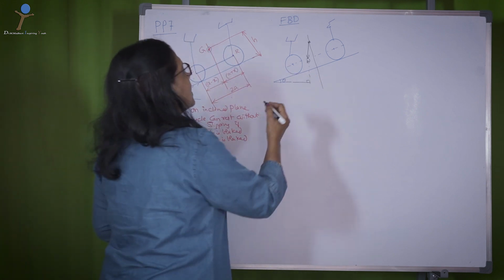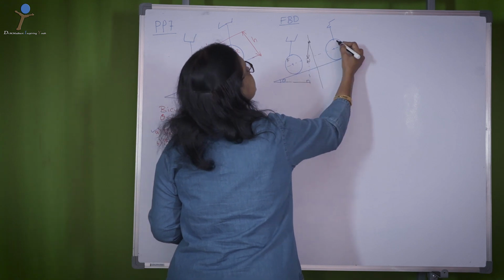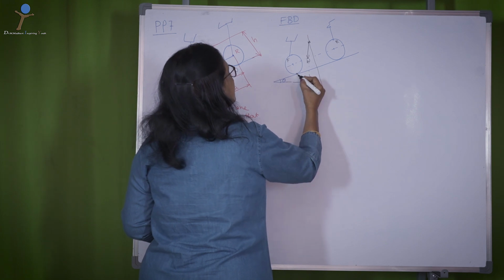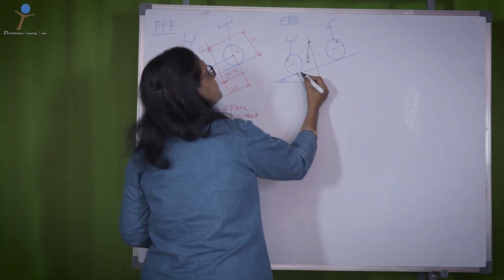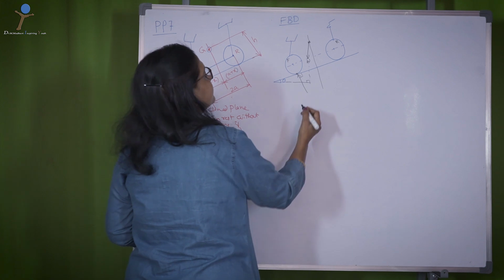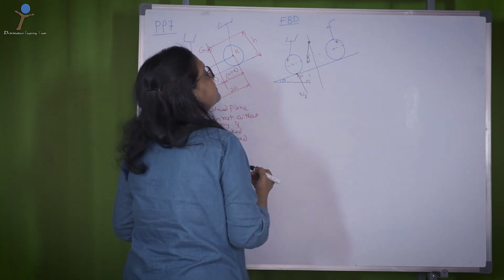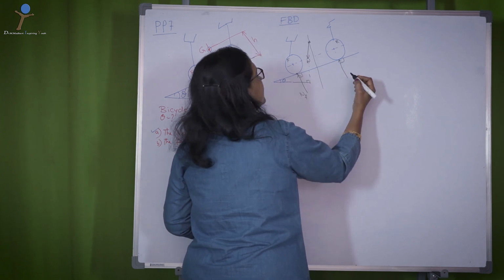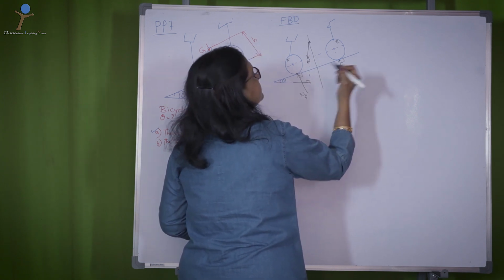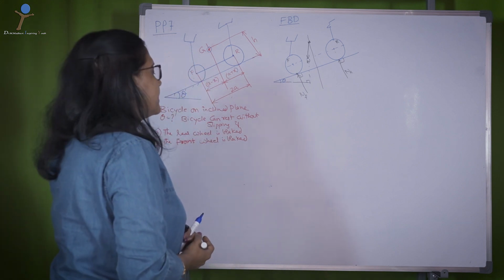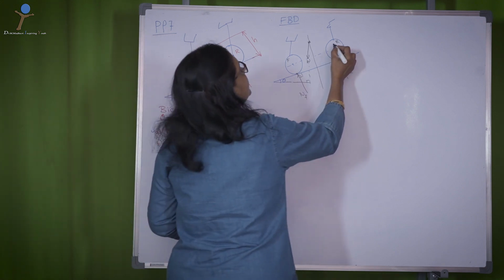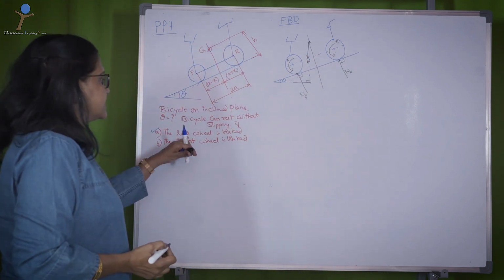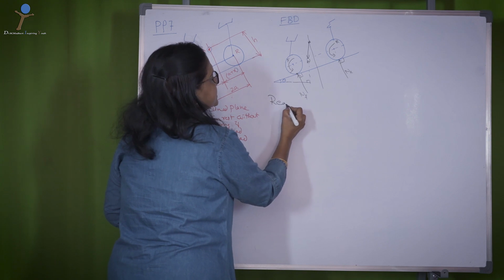The normal reaction is always perpendicular to the inclined surface. I call it NF on the front wheel, and the normal reaction on the rear wheel, call it NR. Now, the wheels are rolling in this direction. The first condition is the rear wheel is braked.